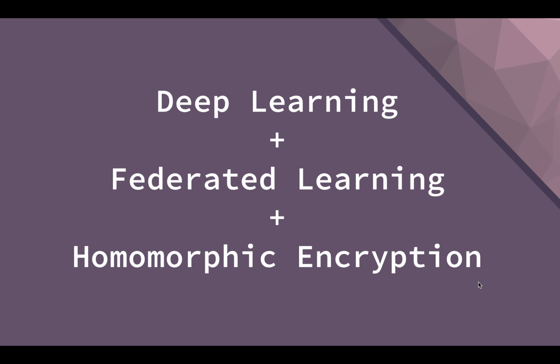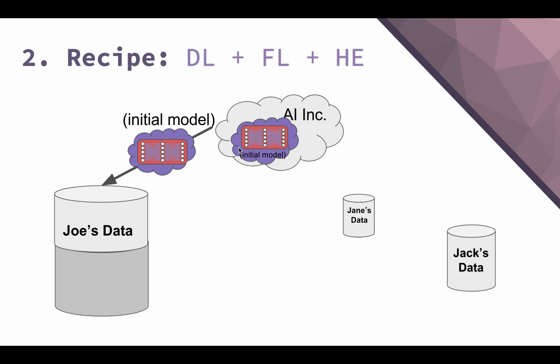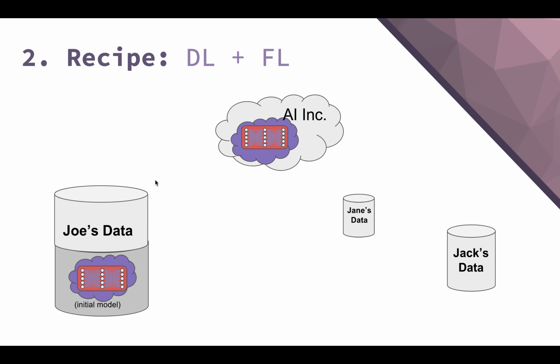So let's move forward and add homomorphic encryption to this workflow. With homomorphic encryption, we will step through the same workflow: deep learning, federated learning, and homomorphic encryption. This time, the model initialized inside of the cloud will be wrapped in homomorphic encryption. This initialized model will be sent down to Joe.